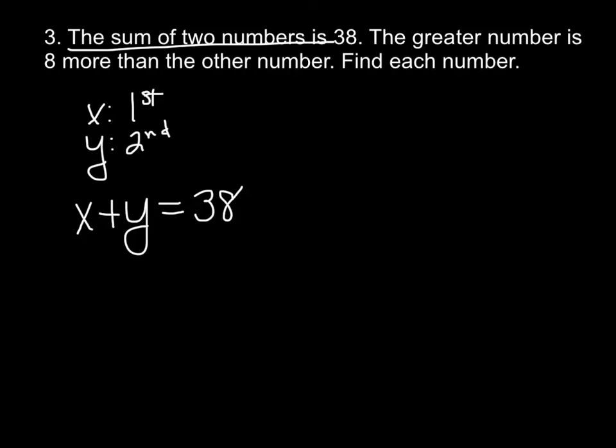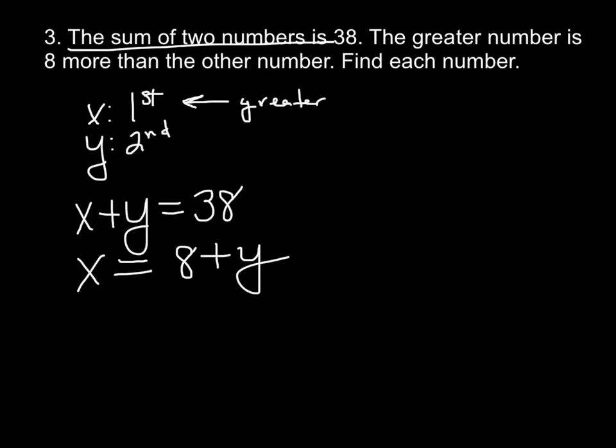The greater number. So let's think about it. Which one do you want to be the greater number? I'm just going to say this one's going to be the greater one. So we know the greater number, which is X, equals 8 more than the other number. So there you go.